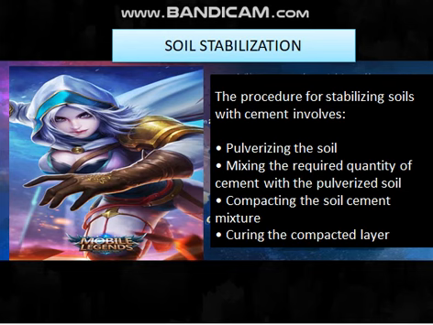The required tests are described by the Portland Cement Association. These tests generally include the classification of the soils to be stabilized using the American Association of State Highway and Transportation Officials Classification System.